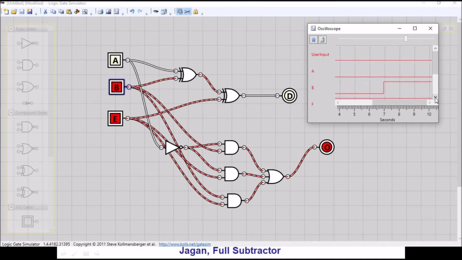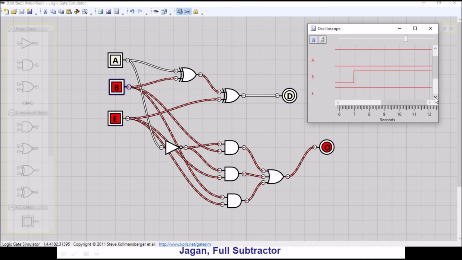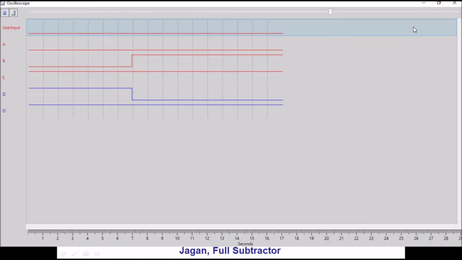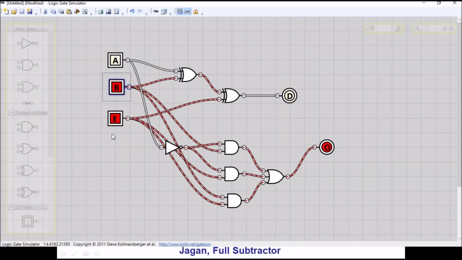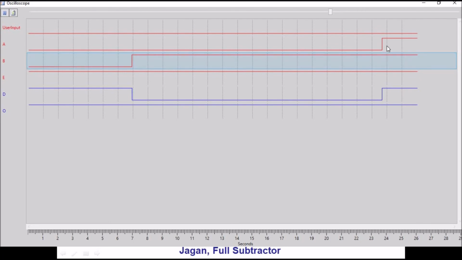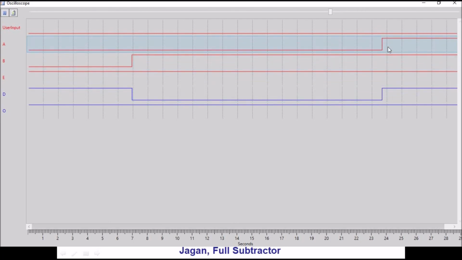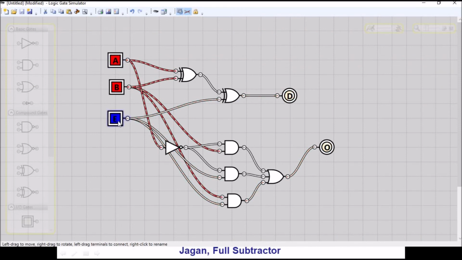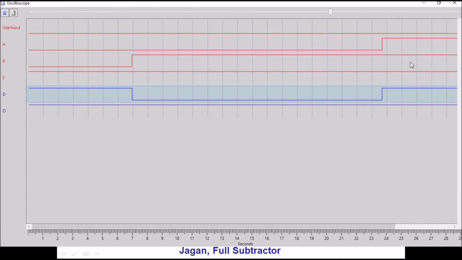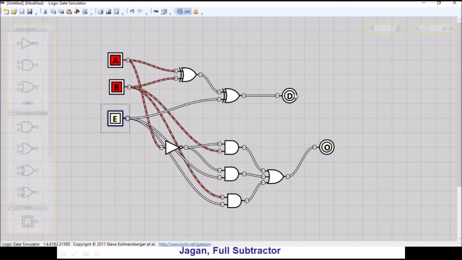What happens if my inputs are given. Okay, so I can see the variation in the output with respect to change in the input, right? So you can verify your truth table with this oscilloscope and the output terminals.